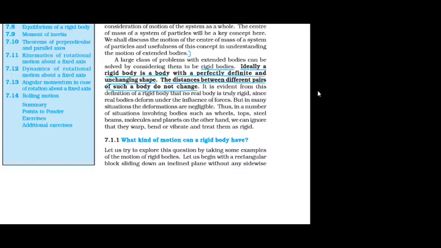So, first thing, what is a rigid body? A body which has definite and unchangeable shape.